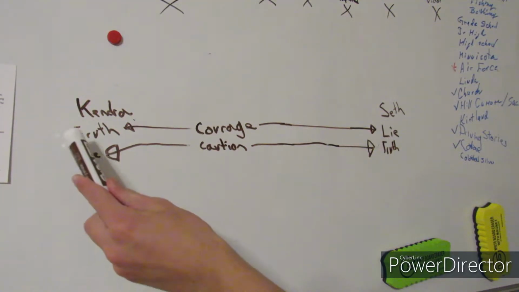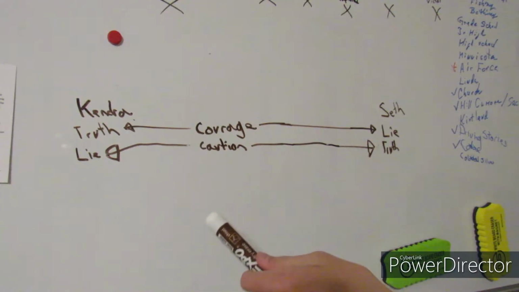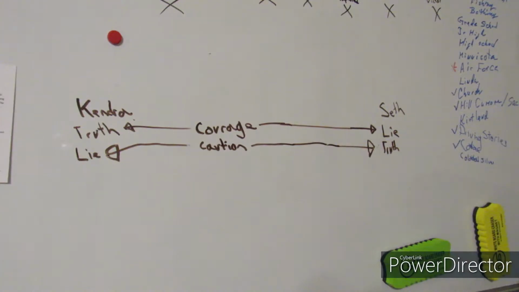Kendra's truth, courage, is Seth's lie, and Kendra's lie, caution, is Seth's truth. But if you just switch these around, then we've just switched their positions. Neither of them have really changed for the better, just changed.